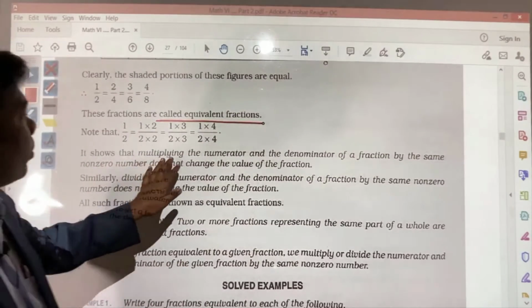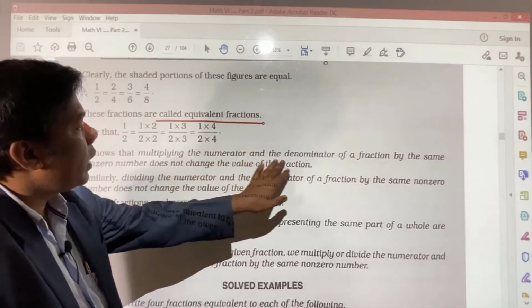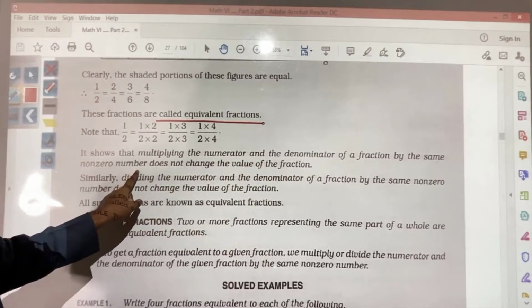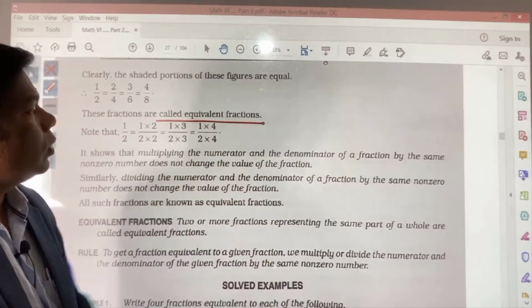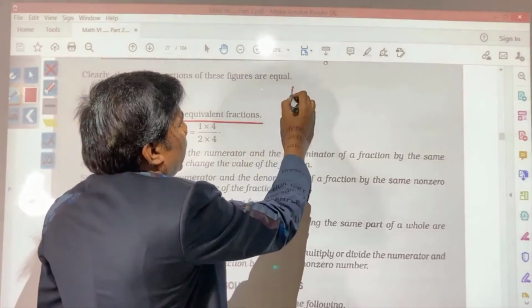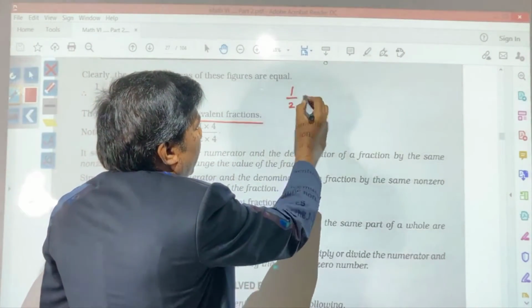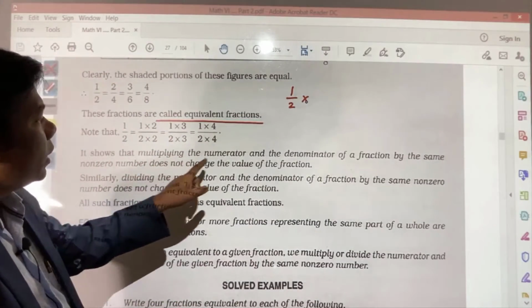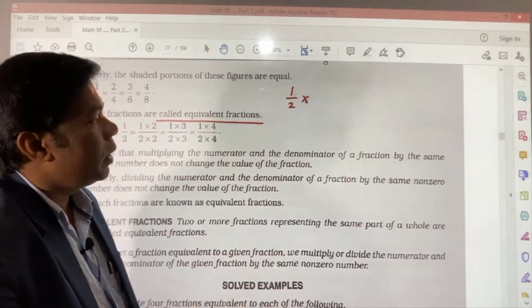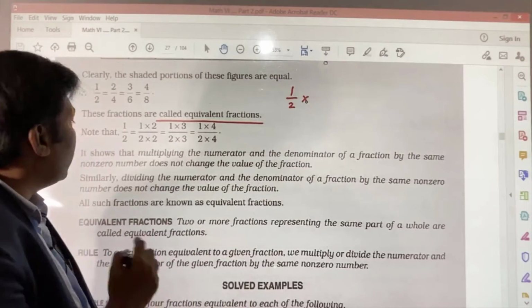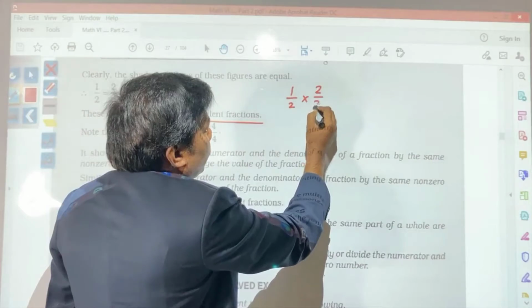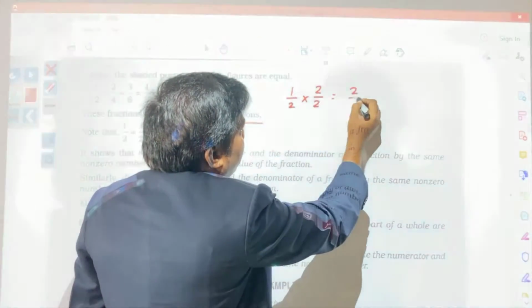It shows that multiplying the numerator and denominator of a fraction by the same non-zero number does not change the value of the fraction. Suppose you have 1 by 2. If you multiply the numerator and the denominator by the same non-zero number, say 2 by 2, you get 2 by 4.